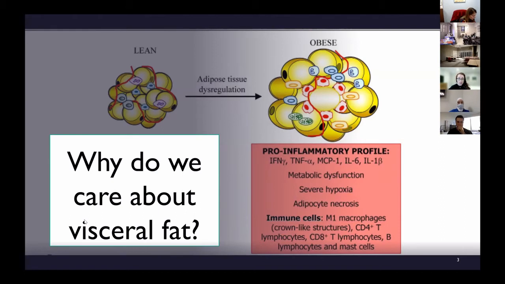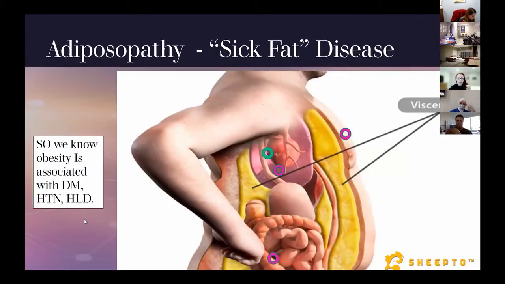And whenever any tissue in our body outgrows its blood supply, it causes apoptosis, it causes a pro-inflammatory reaction. So what you see here is basically a big bundle of a pro-inflammatory fat mass, okay? It's very complicated, but let's keep that very simple. So here we go, and we have a bunch of adipocytes around the visceral organs.